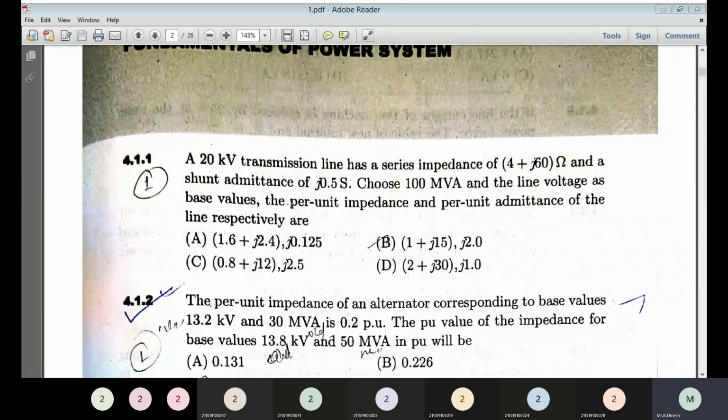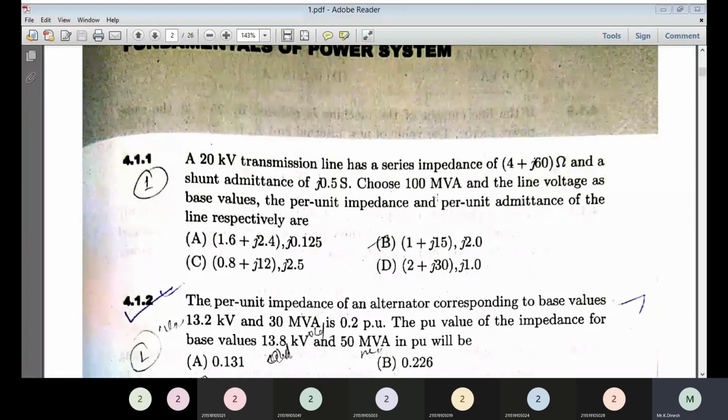So it is a transmission line. What is the relation? The per unit impedance is the actual impedance, 4 plus j60, into MVAB divided by KVB whole square.